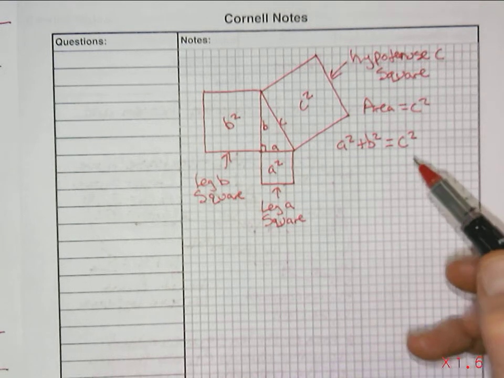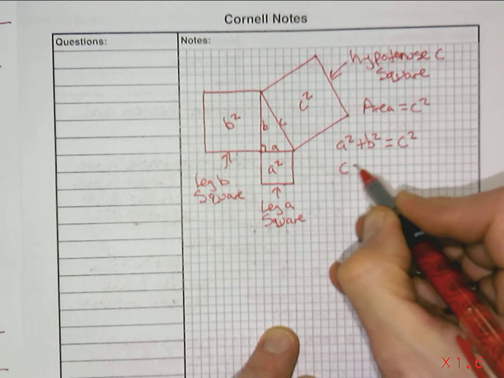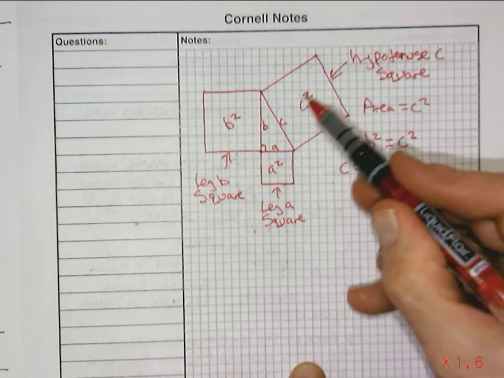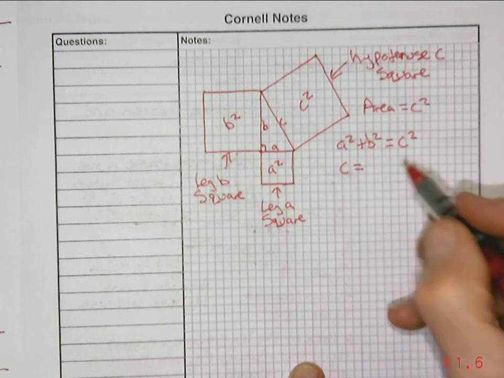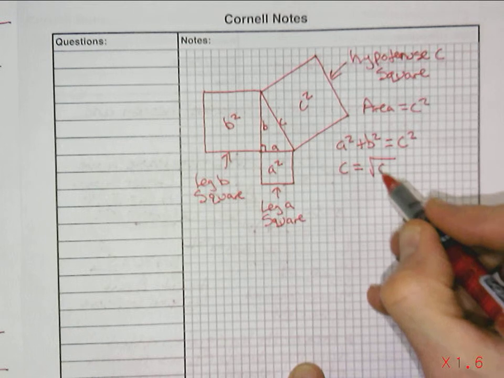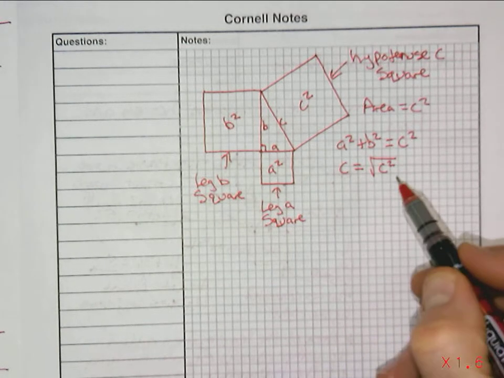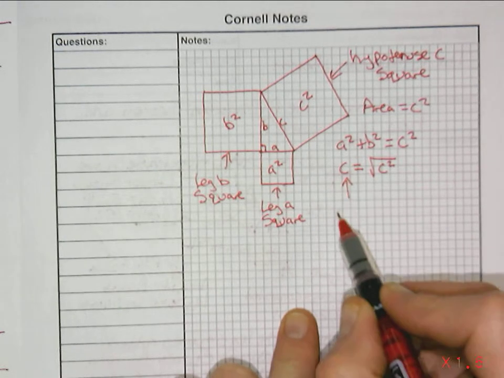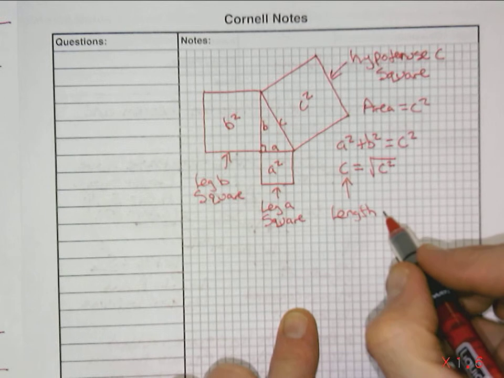Now, the real usefulness is finding the length C. Because if we want to know what C is, we're going to take the square root of the area. So we're going to take the square root of C squared. So C is equal to the square root of C squared. This is the length of the hypotenuse, which is what we actually want.